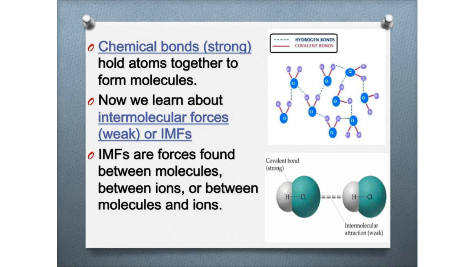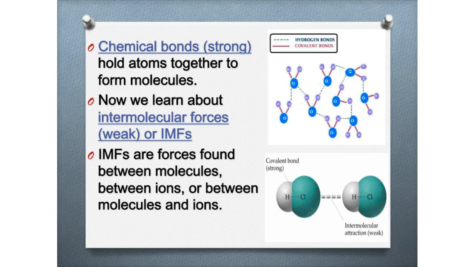It is a very, very strong bond called the polar covalent bond. But between individual molecules, you could have attractions, not bonds, but very weak attractions. And these are called intermolecular forces. So here, there's a bond, but there could be an attractive force between these water molecules. So that's what we're going to learn about.